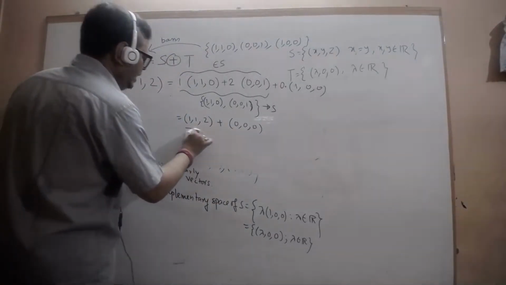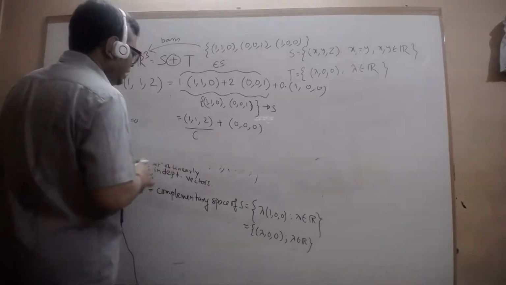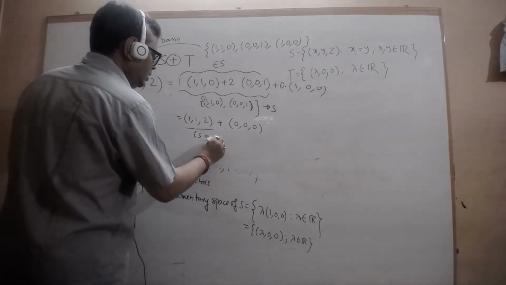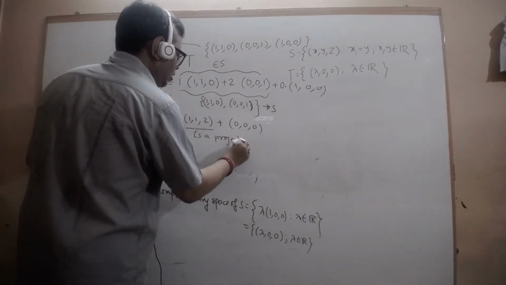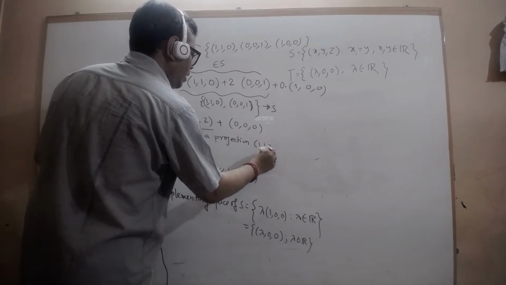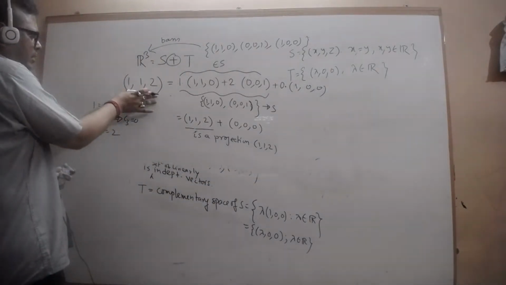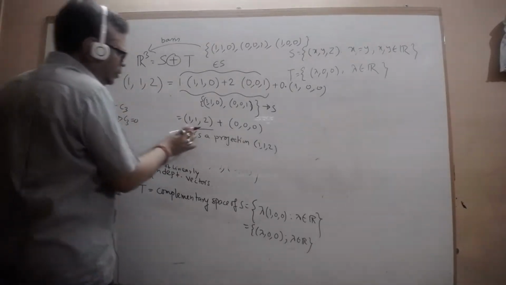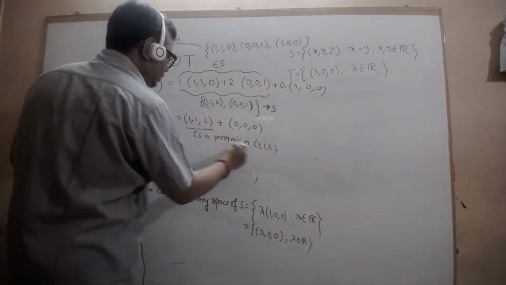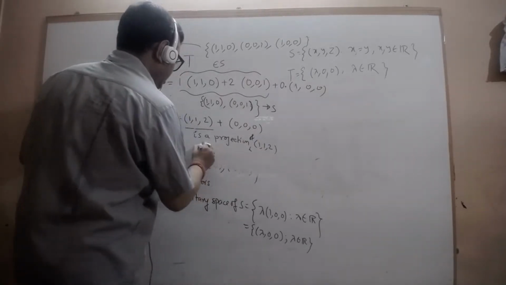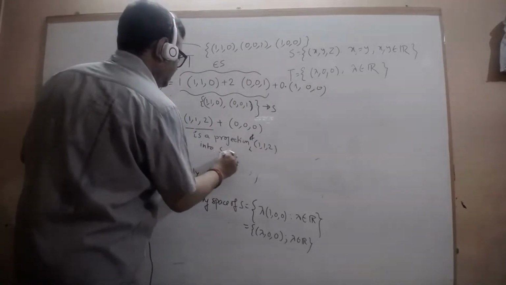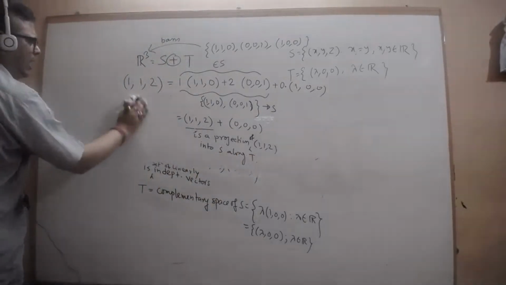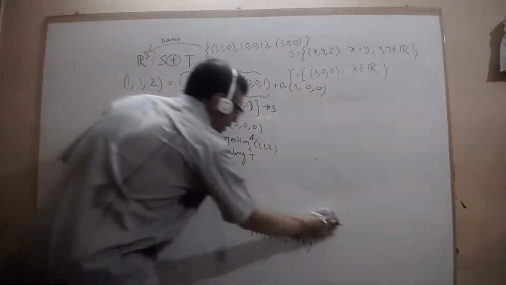So you see that this is a projection of this vector into S along T, because this is belonging to S.